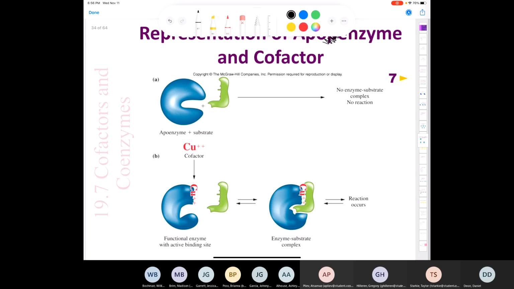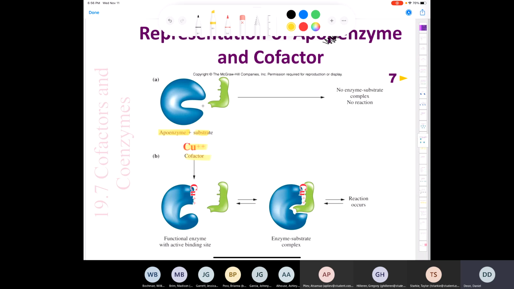You've got your apoenzyme and you've got your substrate, like that. Here is the cofactor. In order for that enzyme to be able to do its function, it's got to have that cofactor bound to it.